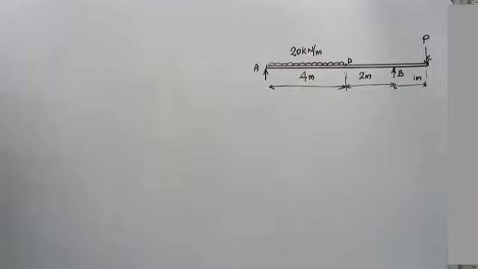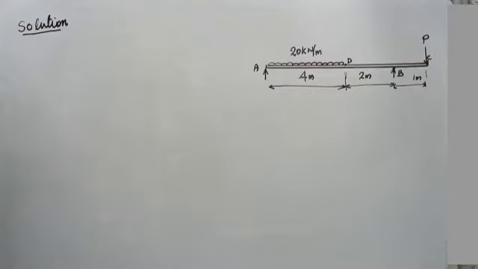Okay, so one figure is given along with the question. I have written the figure here. We have to find the value of P. Also, we have to draw shear force and bending moment diagrams. Let us solve it.